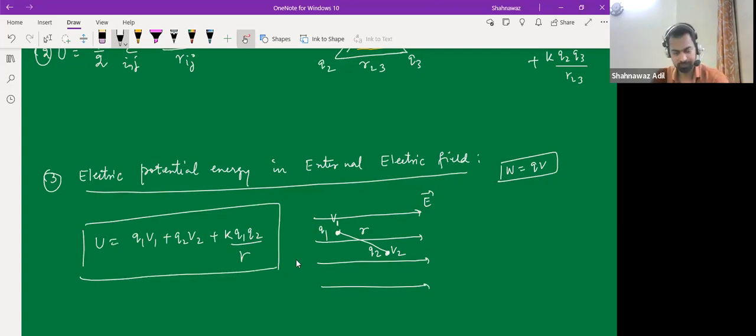Whenever you have an external electric field and you put two charges, then these two factors will add up. Because otherwise, if there were no electric field, then there would be no potential, and these parts would be zero. But if we have this electric field, which is giving some potential at this point and this point, that is why these two terms are coming up.